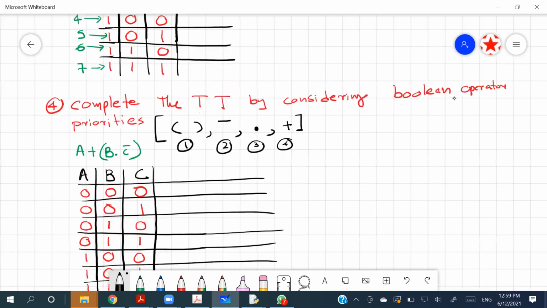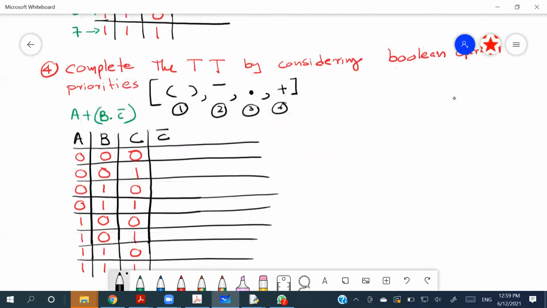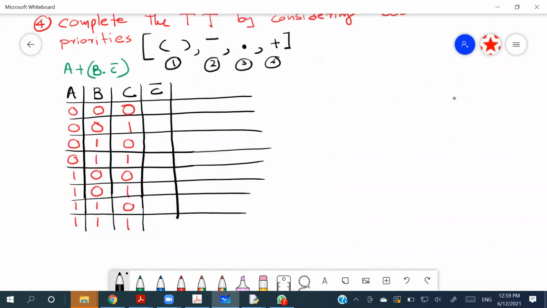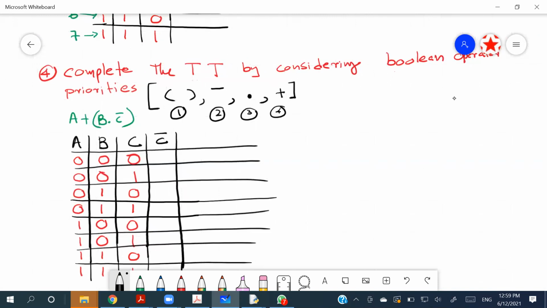Because of that, you can create a z bar column. So how are we going to create a z bar? You got the c column by looking at it, just invert the bits. So this 0 becomes 1, 1 becomes 0.